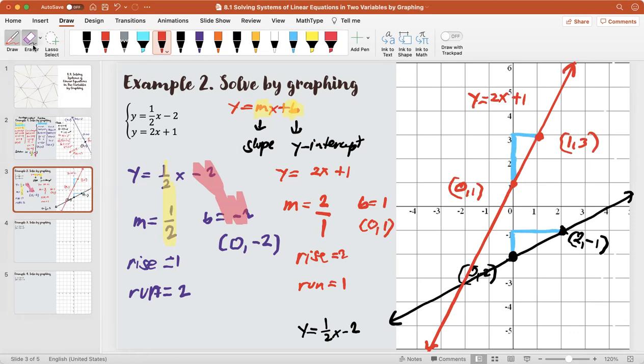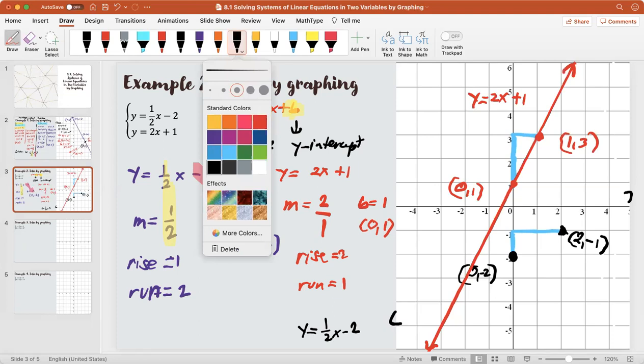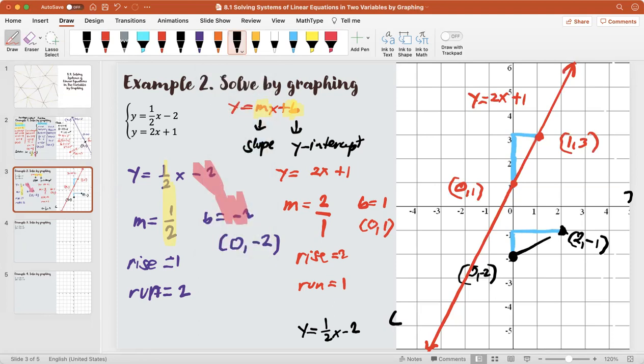Let me draw this correctly because I think that I've connected the 2 points not so accurately. So let's see, where will they meet? See, now if you don't draw your graph accurately, you will not be able to get the solution correctly.